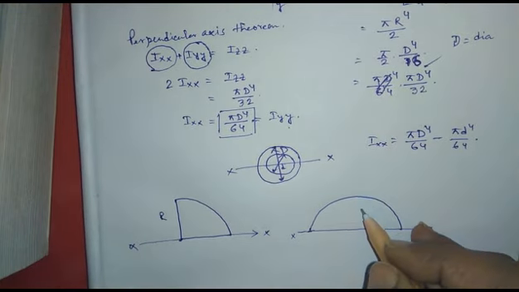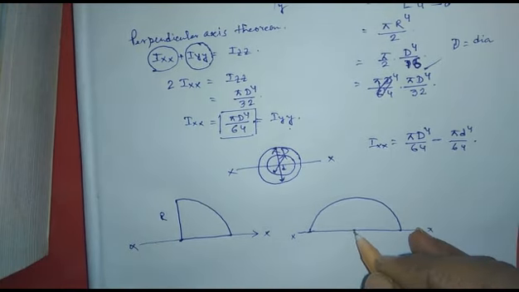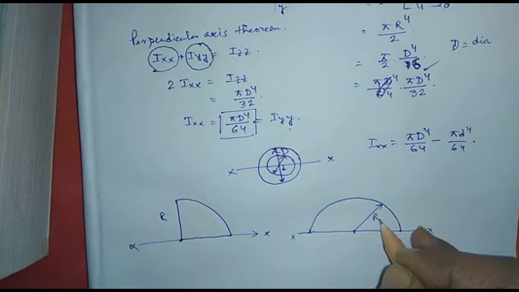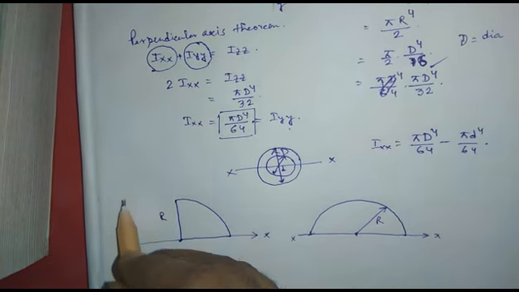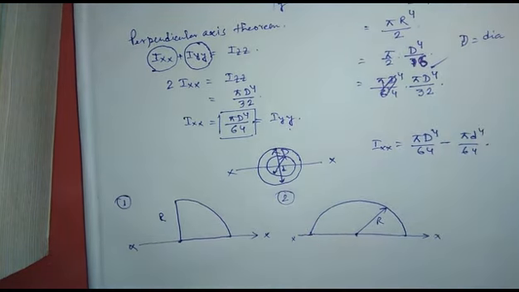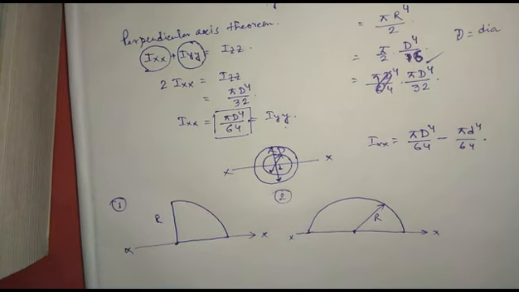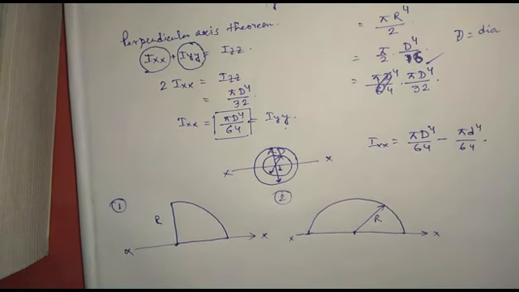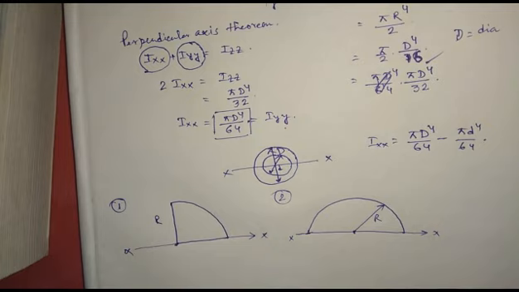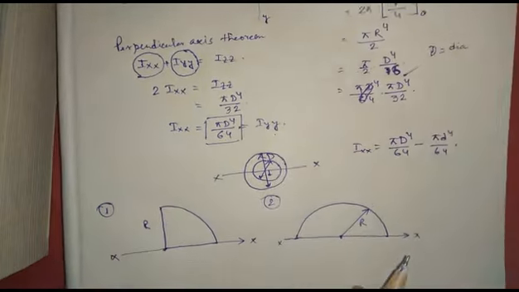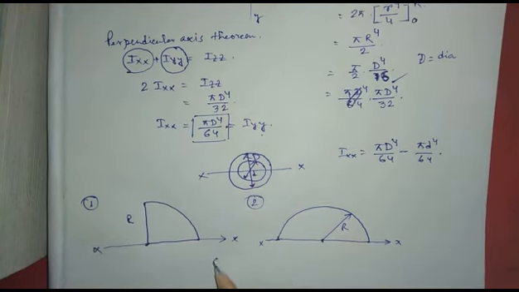Its radius is the same as r. So these are the problems which you need to do. In the next class, we will deal with the composite sections, but everyone must answer these two first.